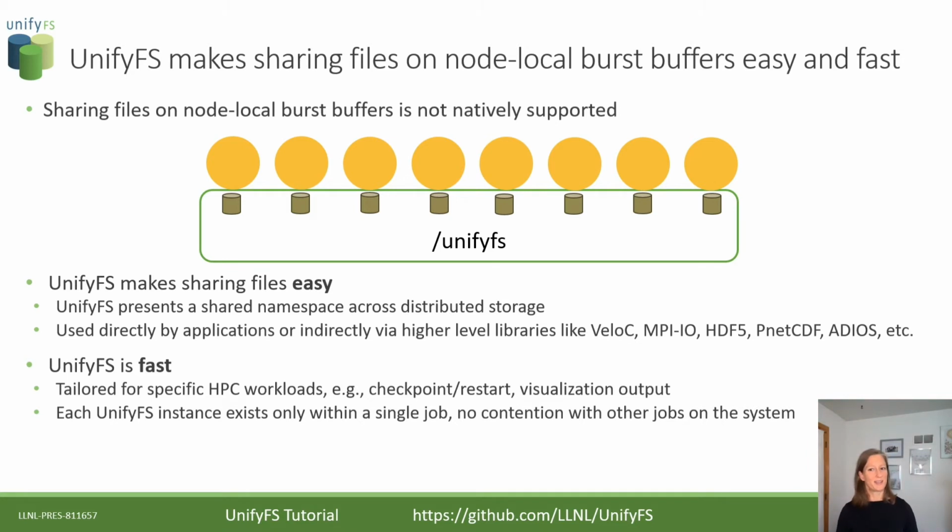So in UnifyFS, we're taking a bold move and we are backing away from that. And this means that we can get faster I/O for your application. The other reason that UnifyFS is fast is because it only exists for your job. You are not sharing a UnifyFS instance with any other jobs on the system. So there's no contention when you're trying to do your I/O.